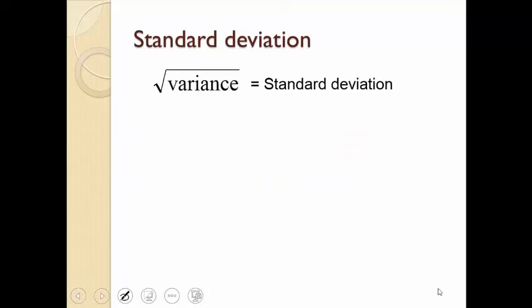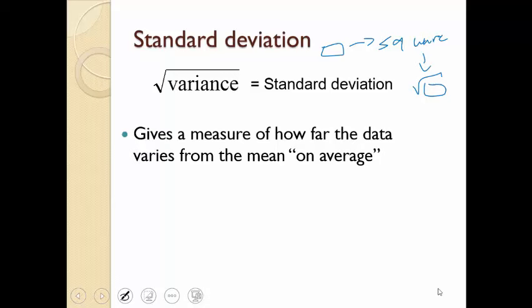So basically, the idea here, we had our deviations, but if we sum them all together, it will always be 0. So we play a math trick, we square them, then take the average, and then come back. You want to think about it this way. We got this information, we're going to square it, and then we're going to come back and take the square root of it to get back to our right units.